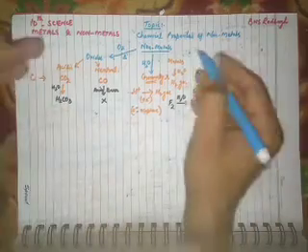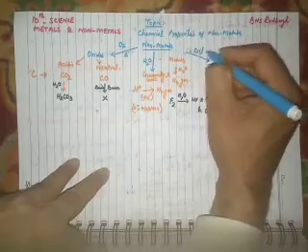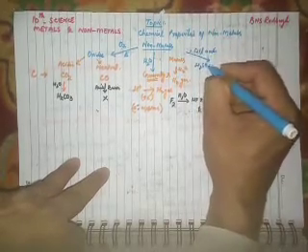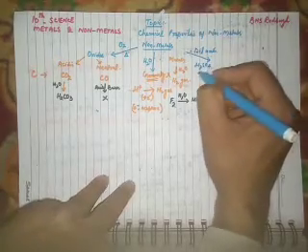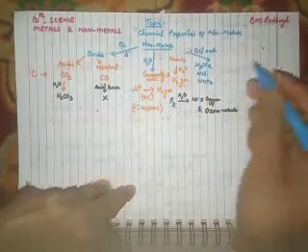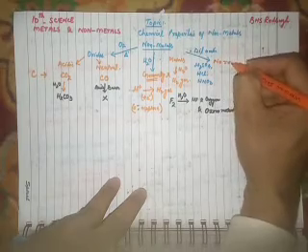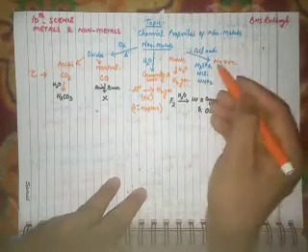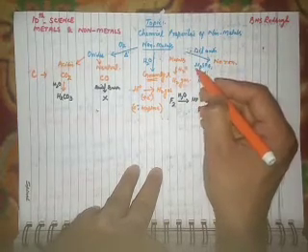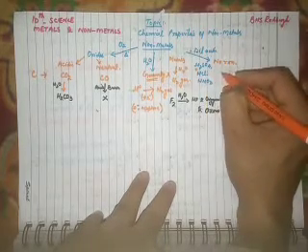Dear students, non-metals, if treated with dilute acids like H2SO4, HCl, or HNO3, here again we do not see any reaction. Why do we not see any reaction? Because these non-metals are not able to displace hydrogen from these acids.